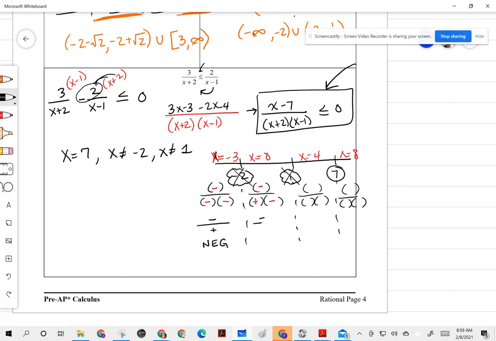So it's a negative over a negative, which is going to be a positive. And then I've got 4 minus 7, so that's going to be a negative. 4 plus 2, 4 minus 1. So if we look at that, we have a negative over a positive. So that's going to be a negative interval.